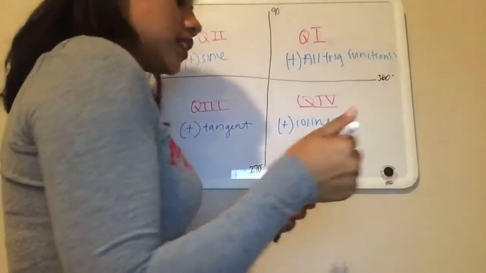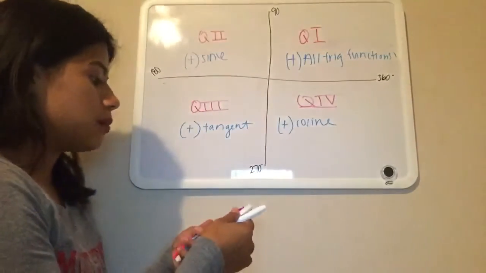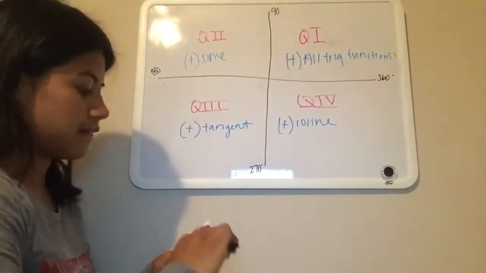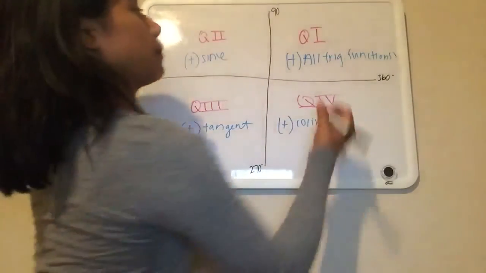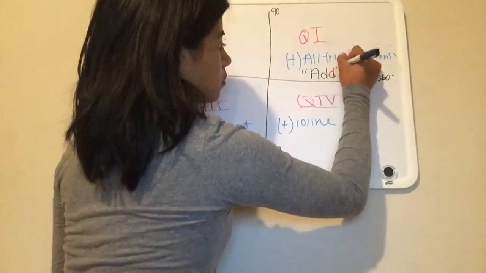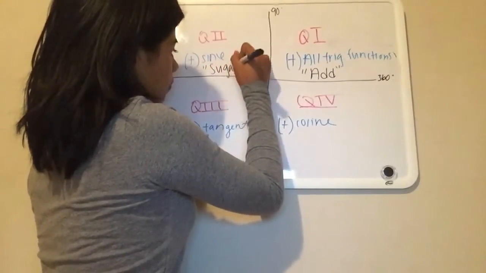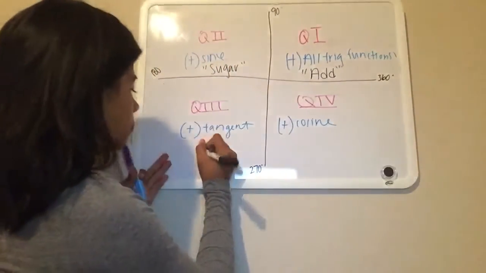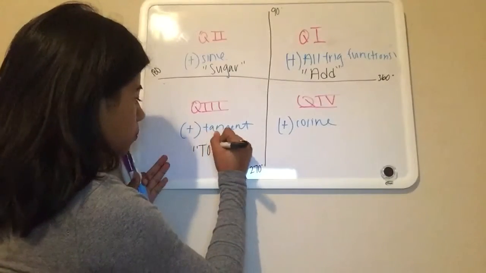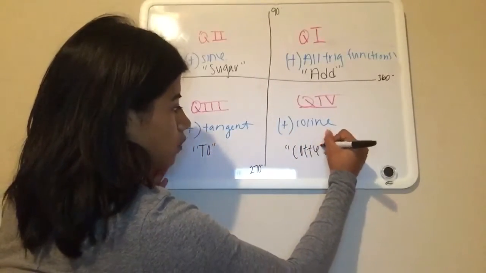I have a tip for you to remember all the quadrants. And so basically it's add sugar to coffee.